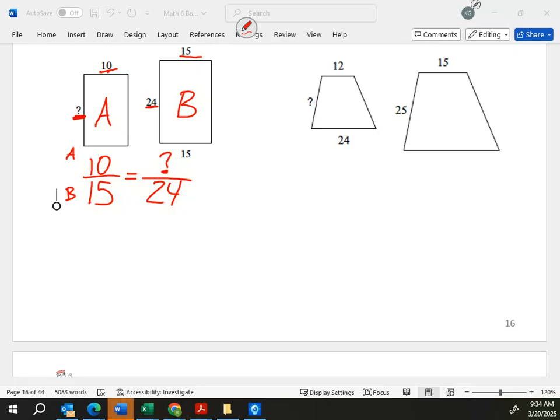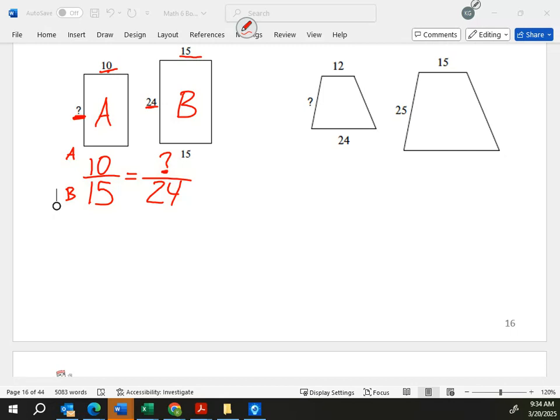How do you think we find our answer? Sophie? Check and see what answer you would get, Sophie. Sophie's thinking we multiply 24 by 15.